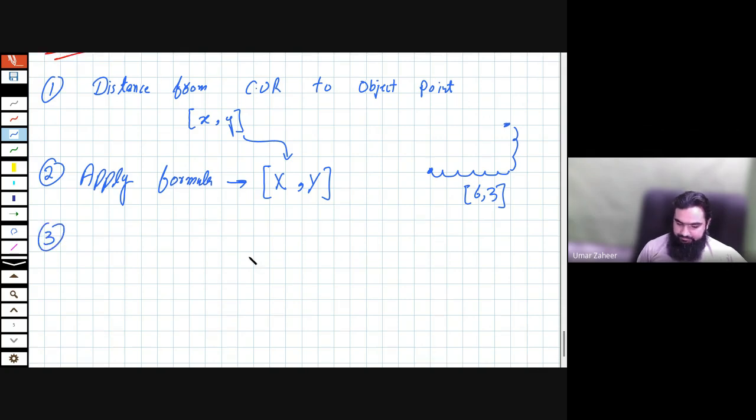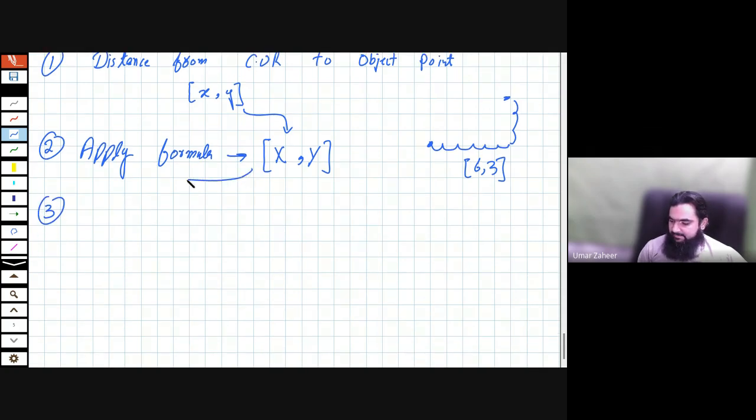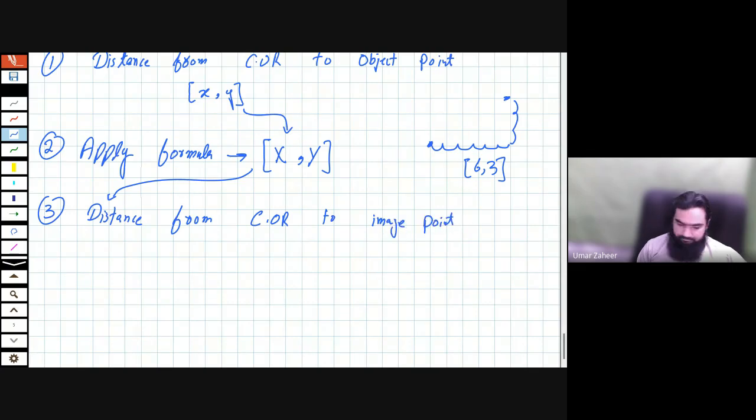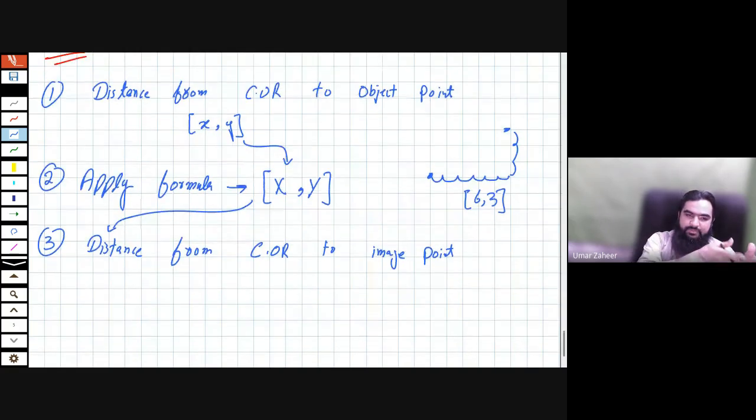The third thing is the distance from the center of rotation to the image point. All right. Now, in all of these, what is the first step? You have to take the distance from the center of rotation to the object. You will get the distance and apply some formula on it.